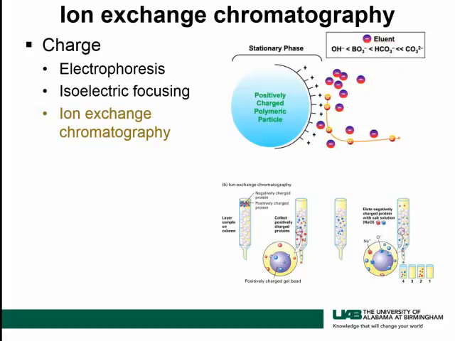So you add in sodium chloride, and if the chloride exceeds the protein at a ratio of 1 to 100 or 1 to 1000, those chloride ions will compete for this positive charge, and they will win the competition because they're more numerous than your protein. And so if you wash it with increasing concentration, or ionic strength, of sodium chloride, it will elute your protein off of the column.